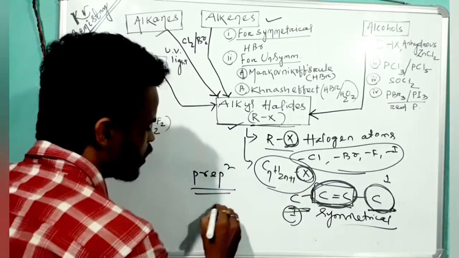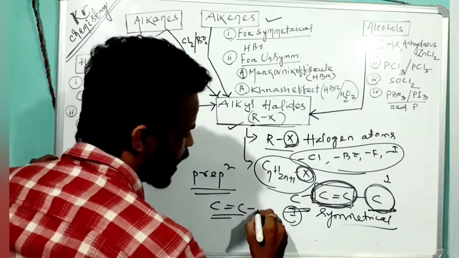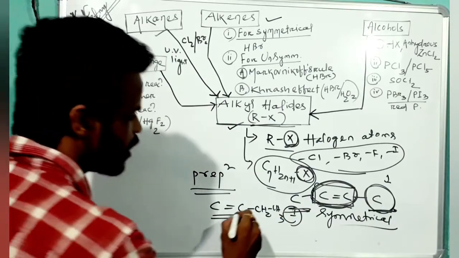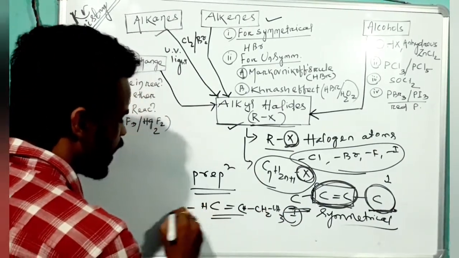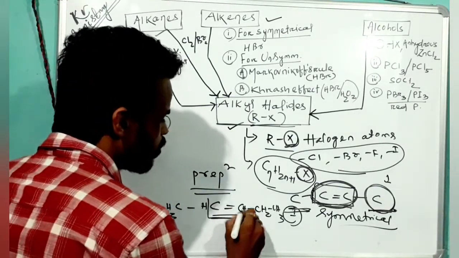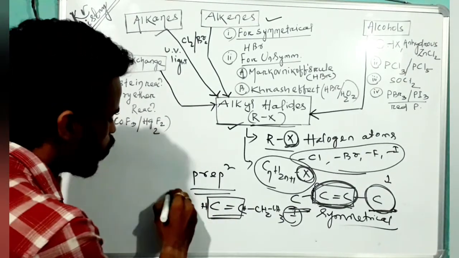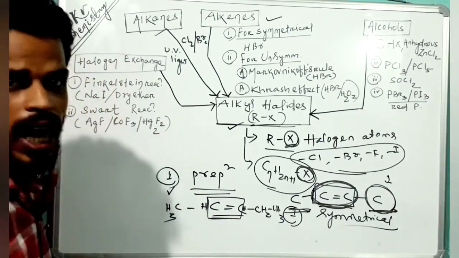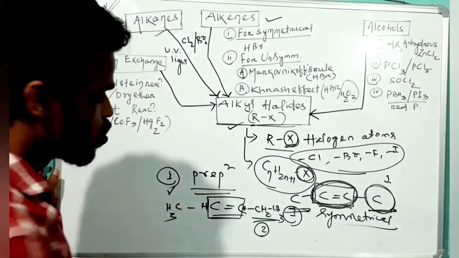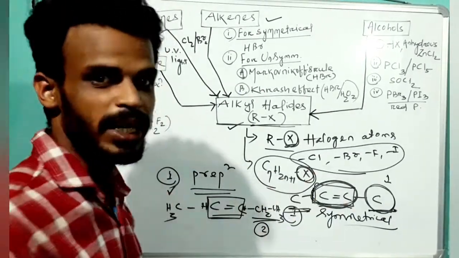If here this is the carbon-carbon double bond, and on the right side I write CH2CH3, and on the left side I write CH3, then on the left side of the carbon-carbon double bond one alkyl group is attached, and on the right side two alkyl groups are attached. So this is called unsymmetrical alkene and the other is called symmetrical alkene.